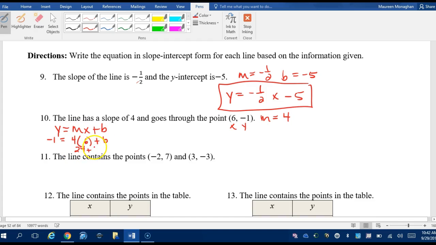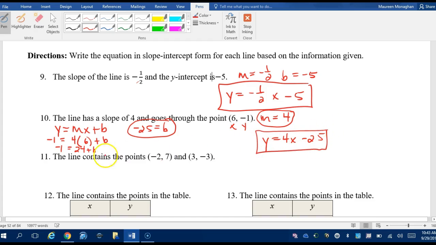That's 24 + b = -1, subtract 24 from both sides. b is -25. Here's my y-intercept, here's my slope. So y = 4x - 25.